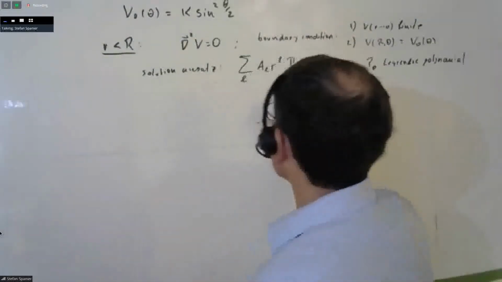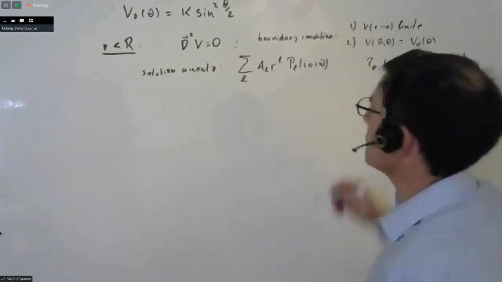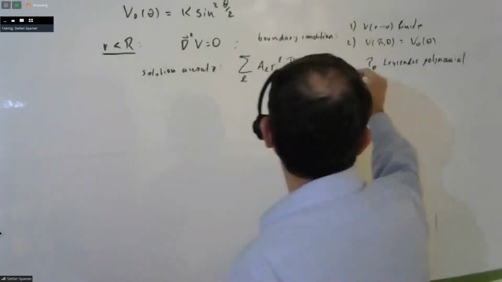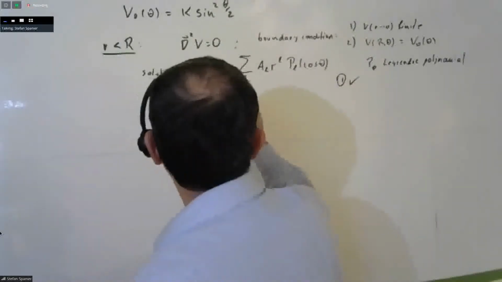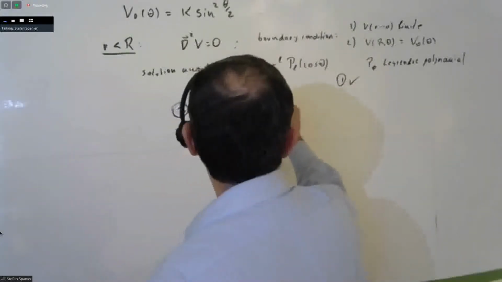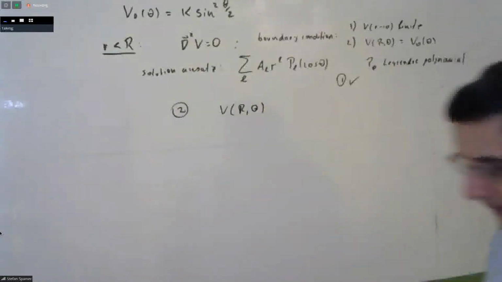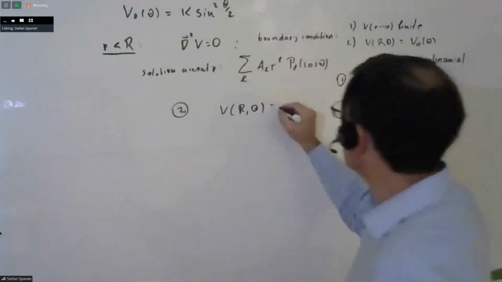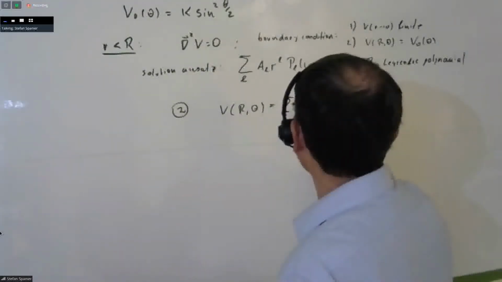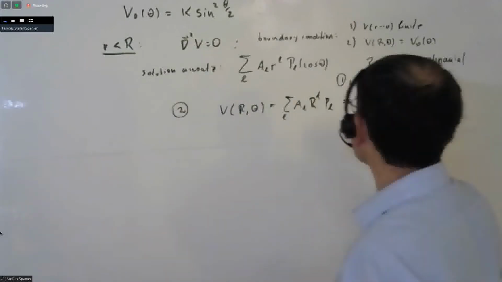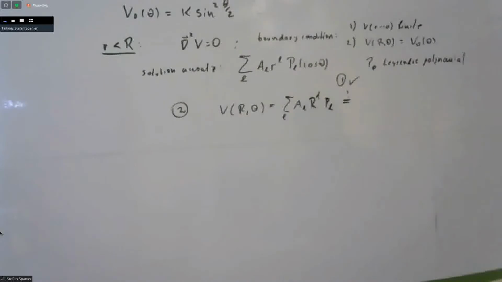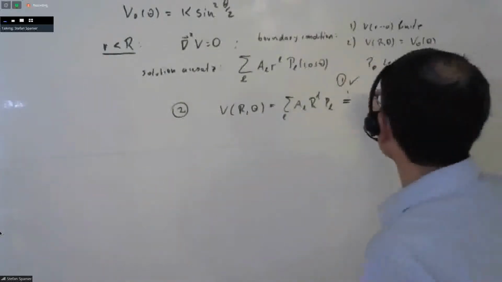So this is the result of boundary condition 1. And number 2 written out means V of capital R, theta has to be the sum of A_l capital R^l P_l, and this has to be our K sine squared theta half.